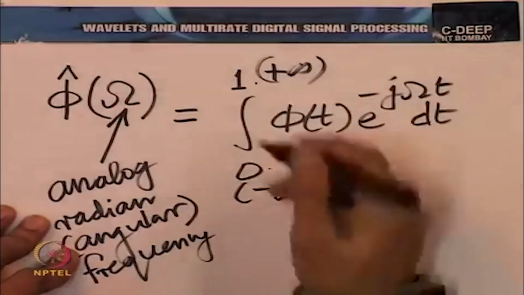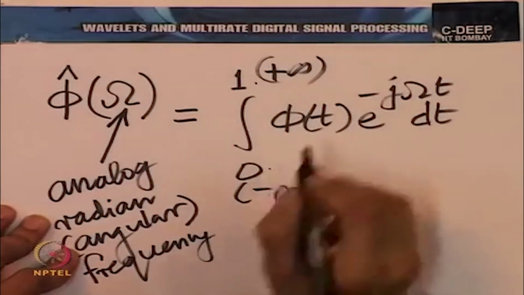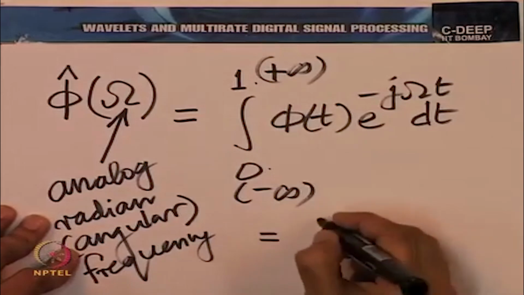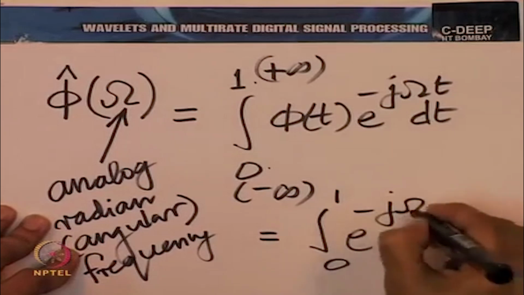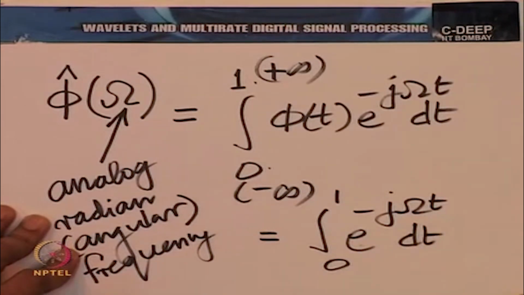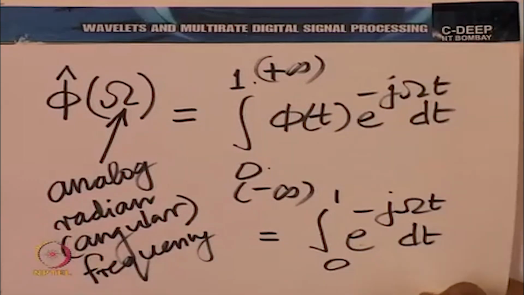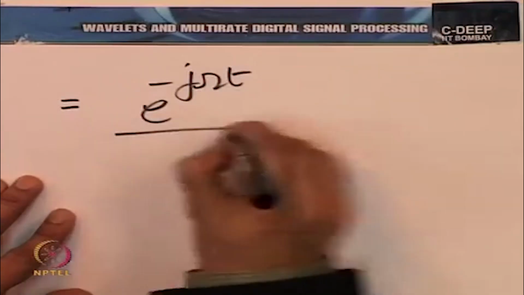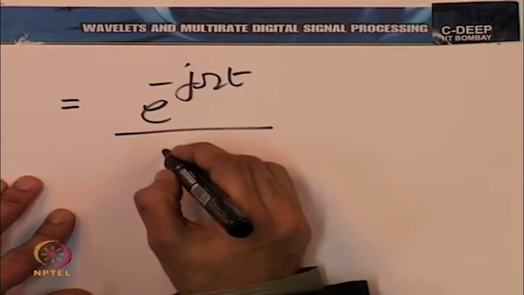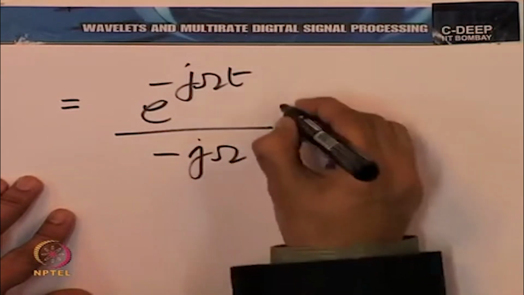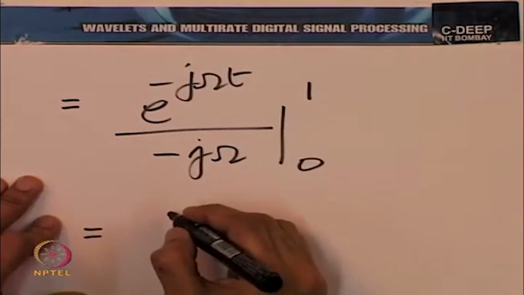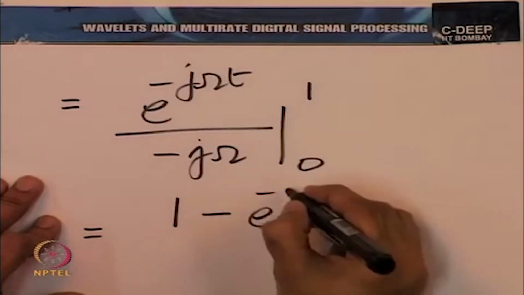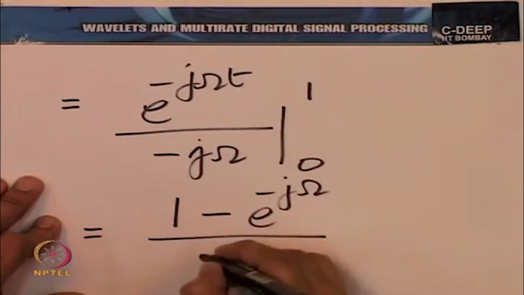So, it is also all right to write between 0 and 1 only for this specific function, and this is of course equal to integral 0 to 1 e raised to the power minus j omega t dt, which evaluates to e raised to the power minus j omega t by minus j omega from 0 to 1, and that is 1 minus e raised to the power minus j omega by j omega.